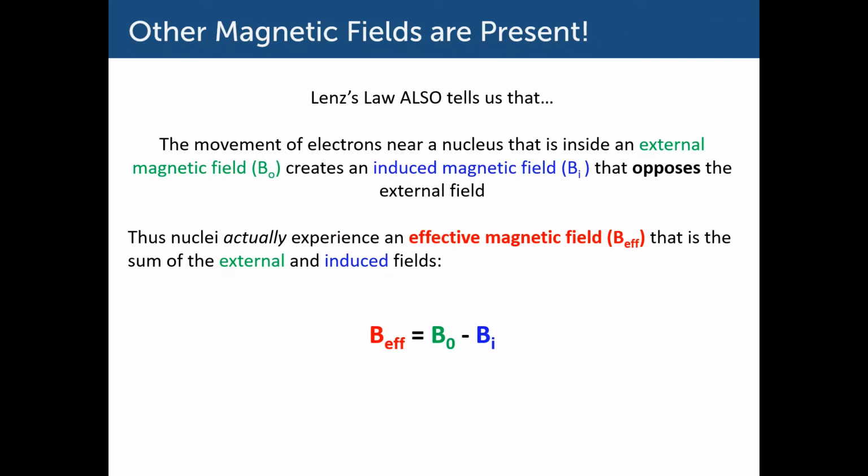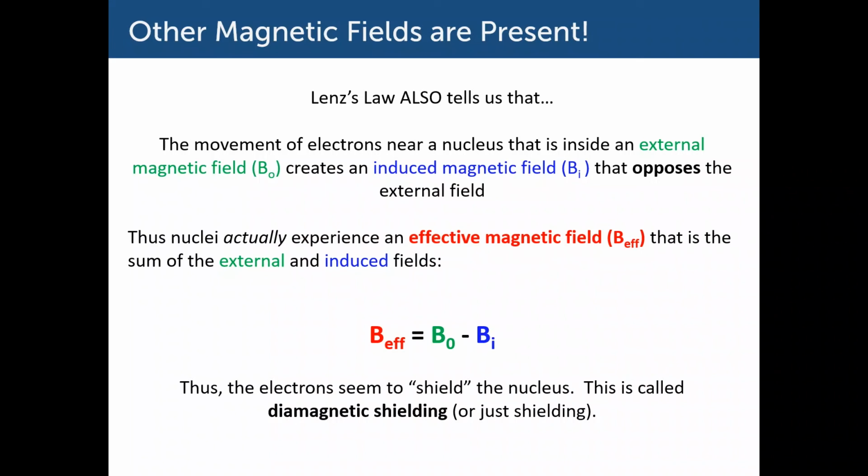And that's literally the sum of the external field and the induced field. Because we know the induced field opposes the external field, we're going to subtract. And that means the effective magnetic field of a nucleus will always be reduced relative to the instrument strength by any electrons that are nearby. We call this shielding, or if we feel like being real fancy, we could call it diamagnetic shielding.